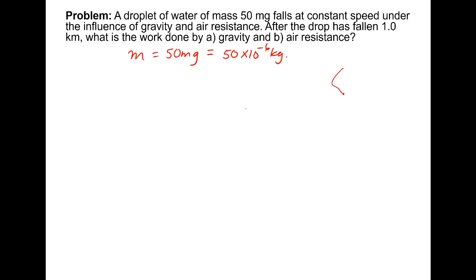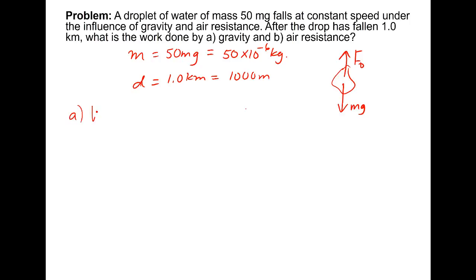Here we have this drop of water, and it's falling at constant speed under the influence of gravity, mg, and air resistance, which is like a drag force we talked about in the previous unit. After the drop has fallen 1 kilometer, which we'll turn into meters, find the work done by gravity and also by air resistance.